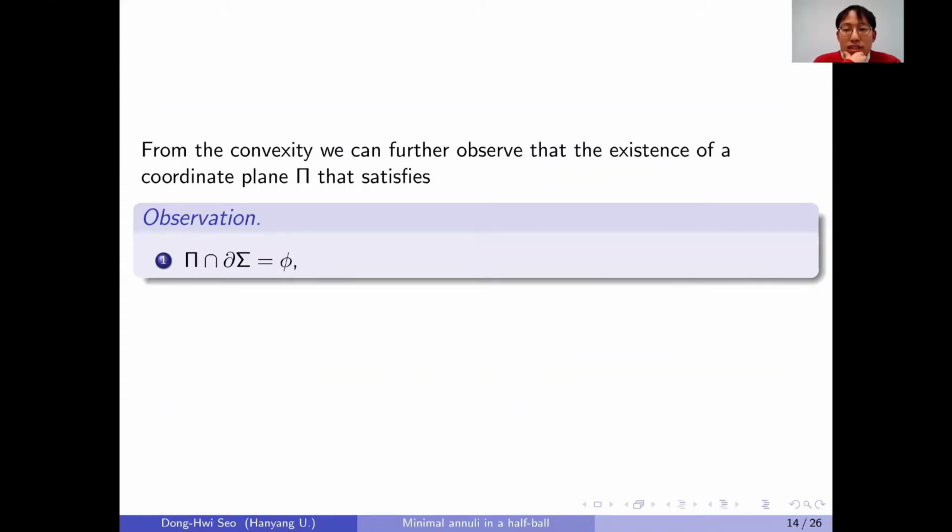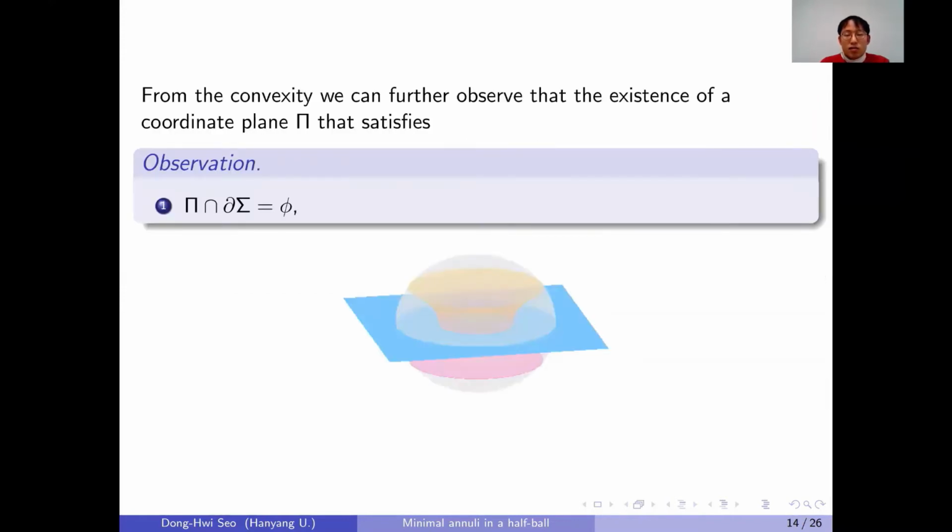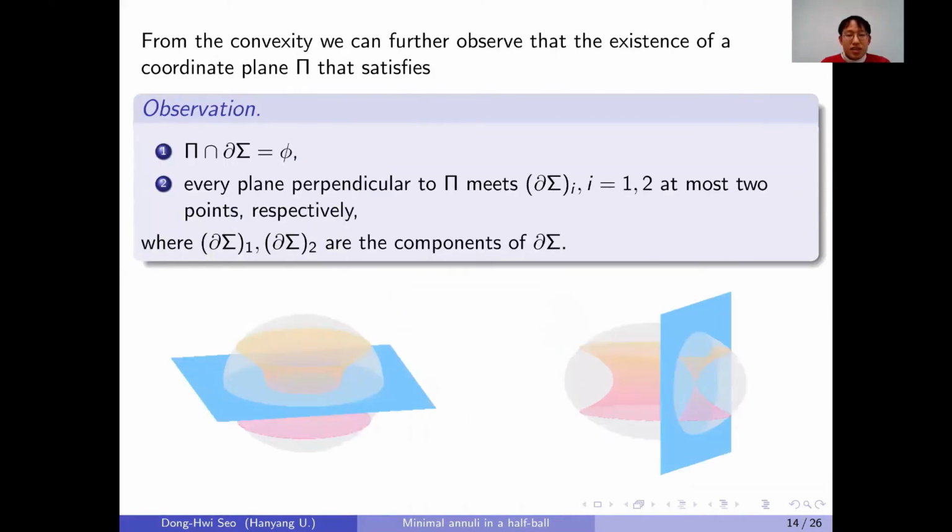So my approach is finding a coordinate plane that does not meet the boundary of the surface. And also, with this plane, we can consider a plane perpendicular to this plane, and this plane should have at most 2 intersection points with each boundary component.